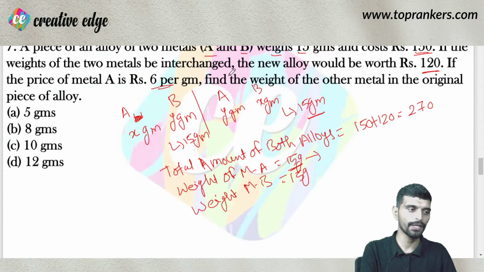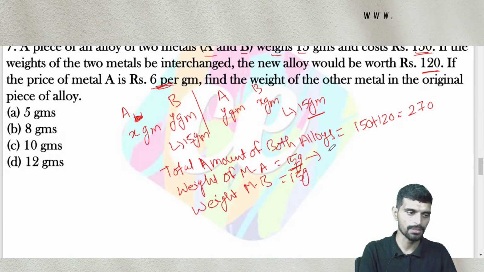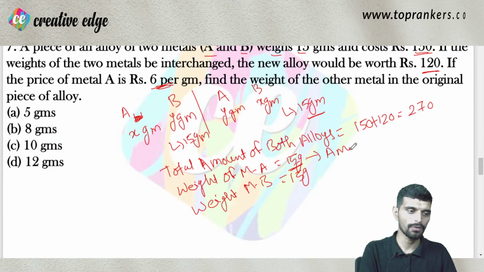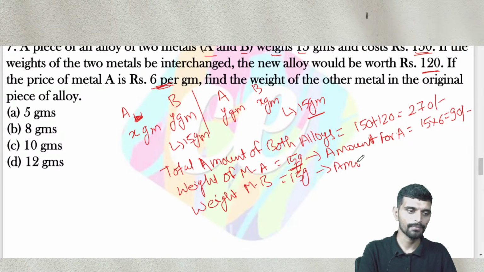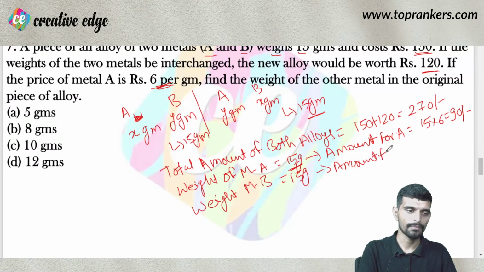Our rate of A is given to us as 6. So the amount for A will be 15 into 6, that is 90 rupees. So the amount for B can be calculated as 270 minus 90 by 15, that is 180 by 15.